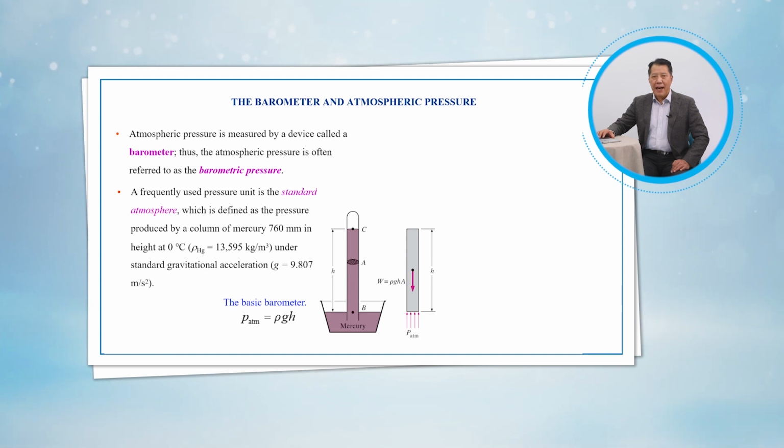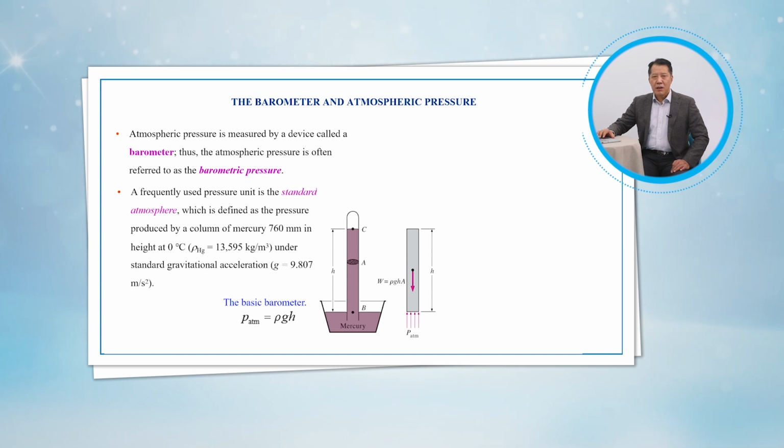The pressure at point B is equal to the atmospheric pressure, and the pressure at point C can be taken to be 0, since there is only mercury vapor above point C, and the pressure is very low relative to the atmospheric pressure and can be neglected to an excellent approximation.